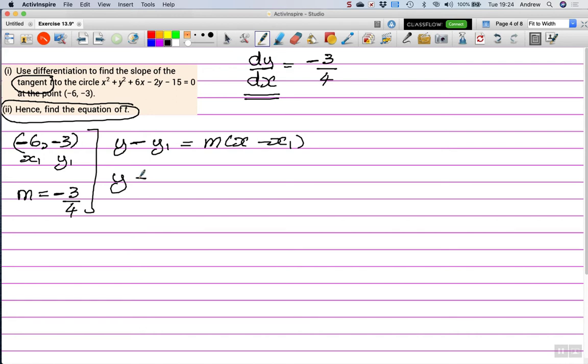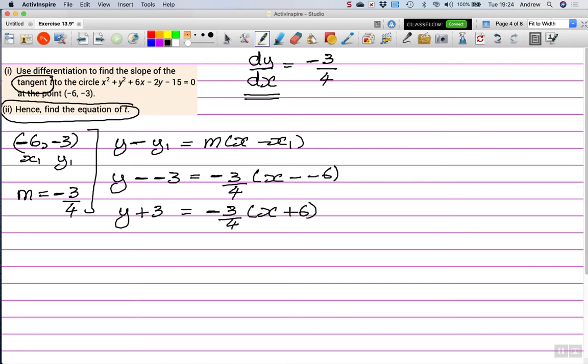So y minus minus 3 is equal to minus 3/4 on x minus minus 6. Tidy up line, y plus 3 is equal to minus 3 over 4 on x plus 6.